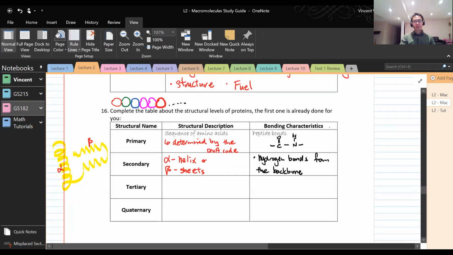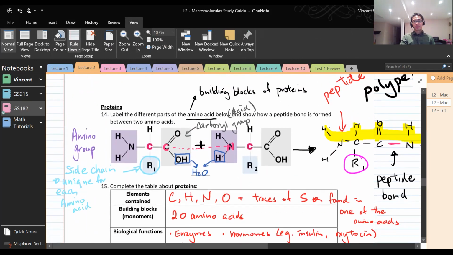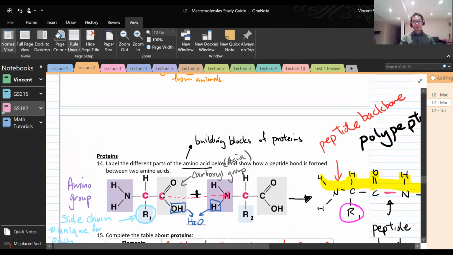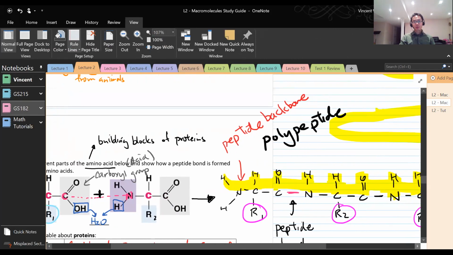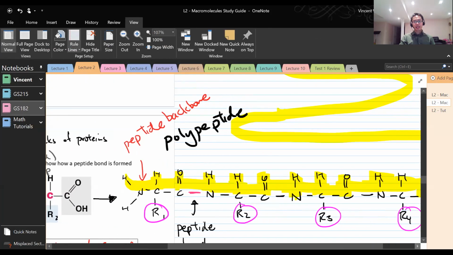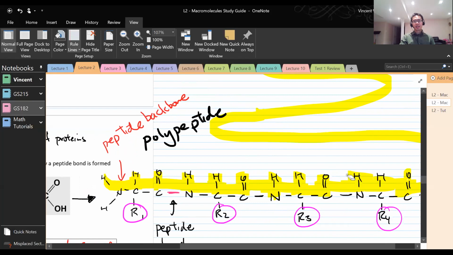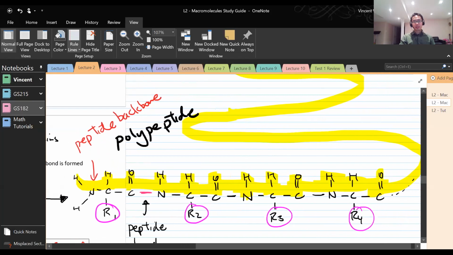So let me just quickly go back here and explain it briefly. Just like water, the oxygen is slightly negative and the hydrogen is slightly positive. If I continue this backbone, it's just going to be the same thing over and over again. I might have another CH, and then that will connect to a C double bond O, and then an NH, and so on and so forth.